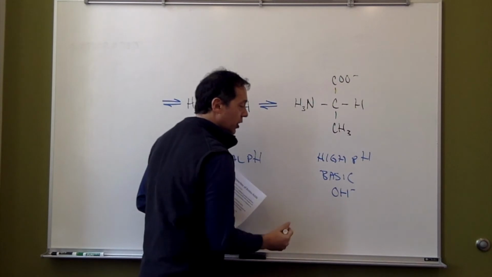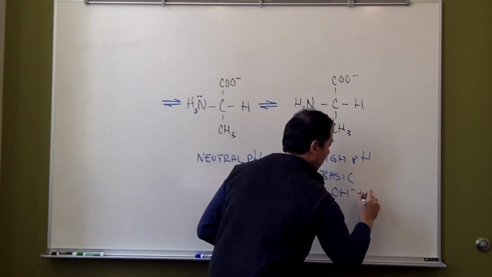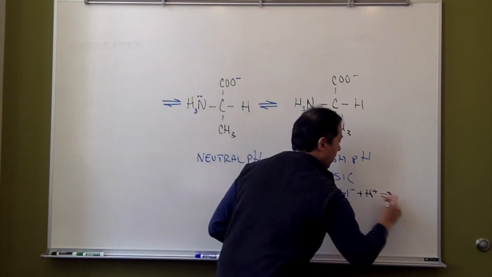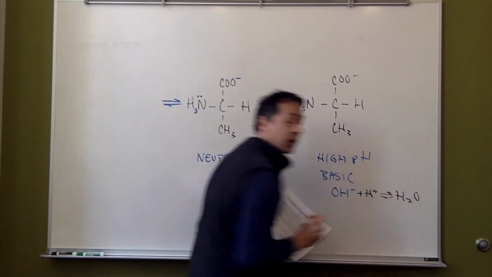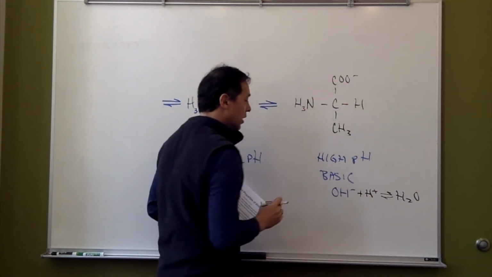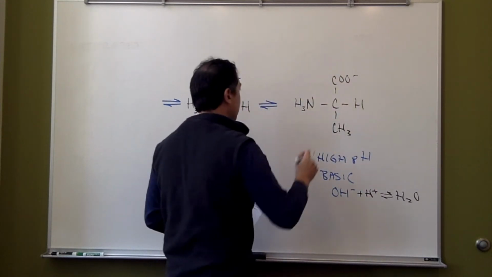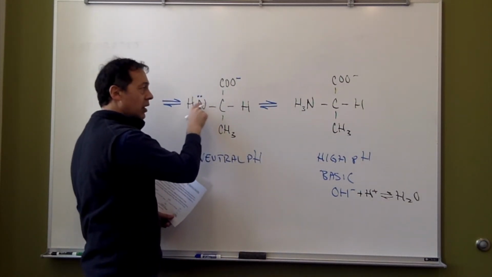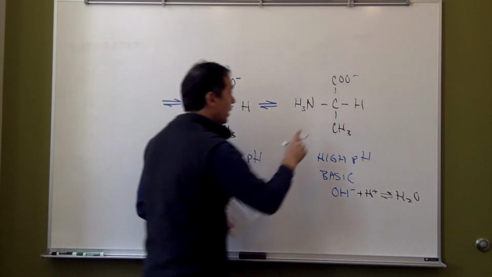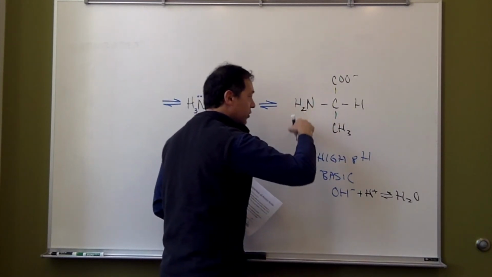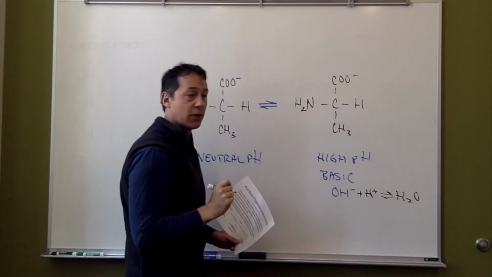Those OHs are attracted to hydrogen ions to form water, to form H2O. So they're going to strip this molecule of hydrogen ions. And so this here, we have one that's loosely attached to this nitrogen lone pair. And so we're going to lose a hydrogen from here. And that is going to then go and form water.